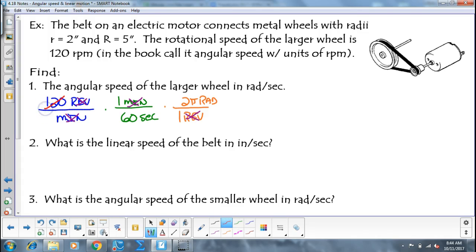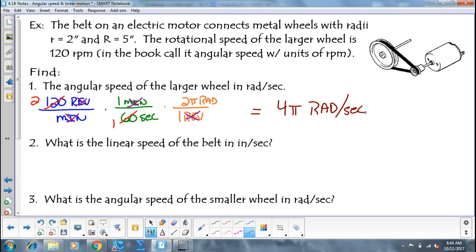So 120, 60 gets divided into that twice. So I get here 4 pi radians per second. Do we concur with 4 pi radians per second?